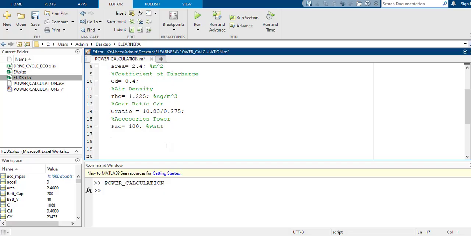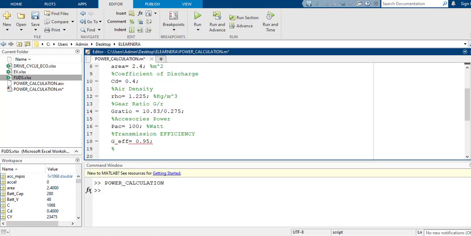Okay, then a transmission efficiency. So the losses which are coming from the gears and axle to the wheel. For that we are using a transmission efficiency, noted as G underscore EFF equal to 0.95, it has no unit.